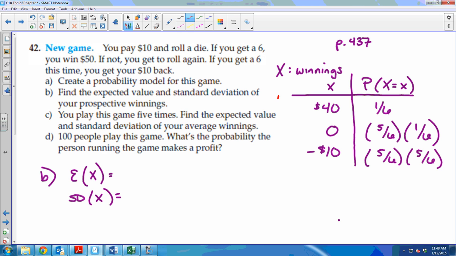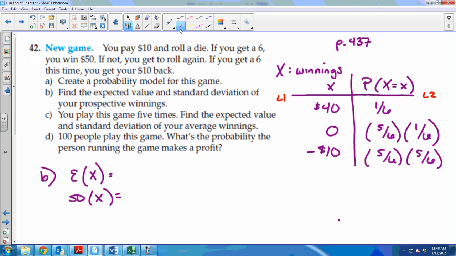You have two lists, L1 and L2. Stat calc, one variable statistics. And then you make sure that your list is list 1 and your frequency list is list 2. And it should give you x bar and the standard deviation. That's nice. So if you guys want to try that, you can. If not, I've got the answer.